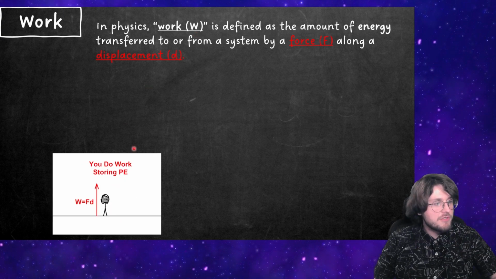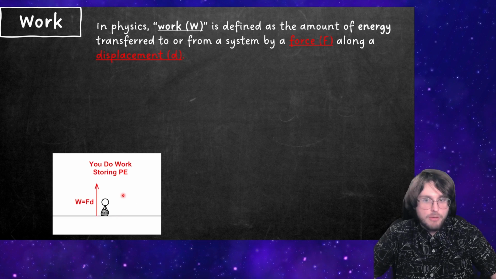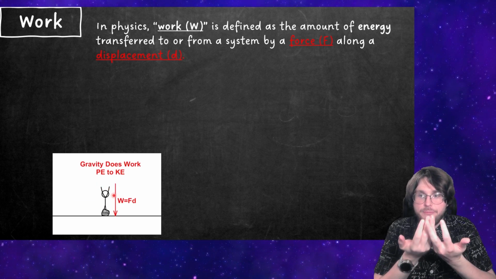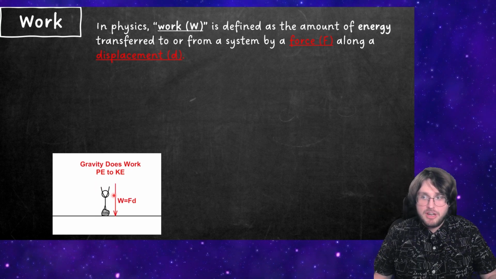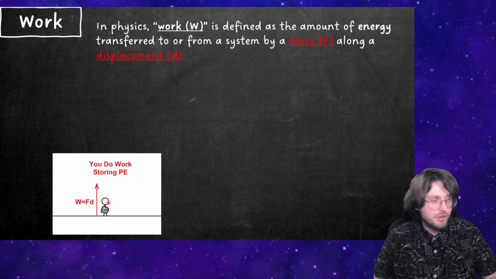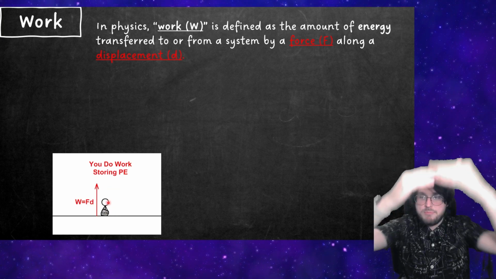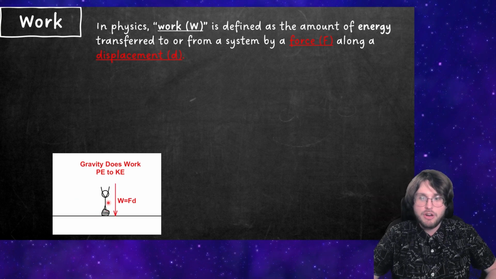So for instance, if you're just lifting an object, you do work by applying a force to some sort of heavy object, lifting it through a vertical displacement D. And then if you were to drop that object, then suddenly you're not touching the object anymore, but the force due to gravity certainly is. And so it would be gravity doing work on the object, pulling it back down through that same vertical displacement down to the earth.